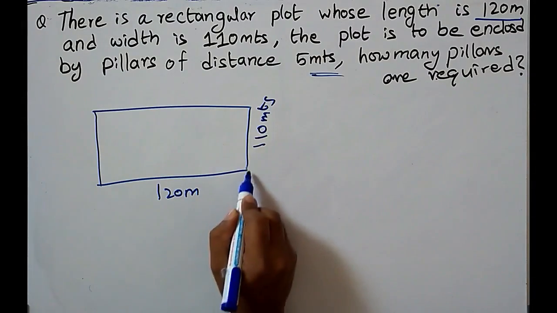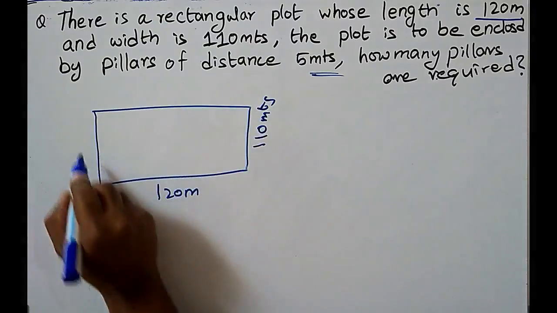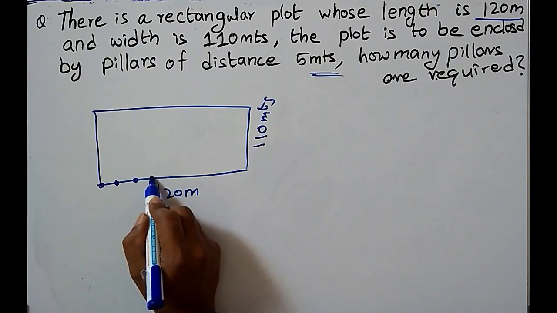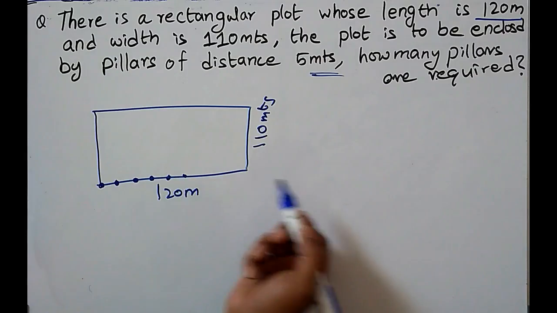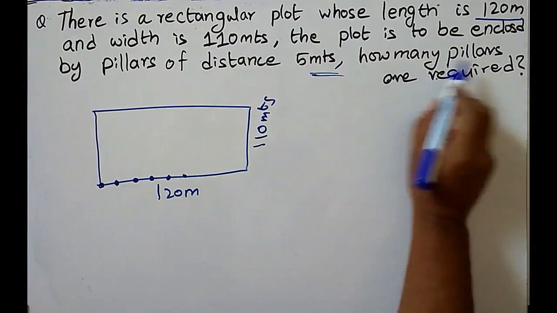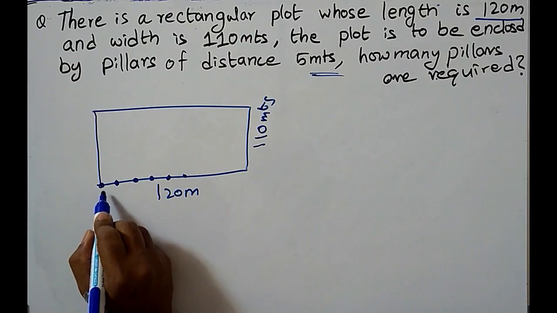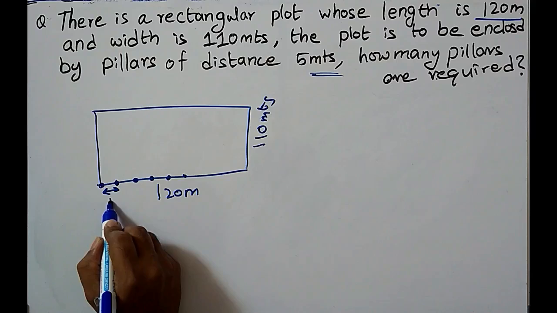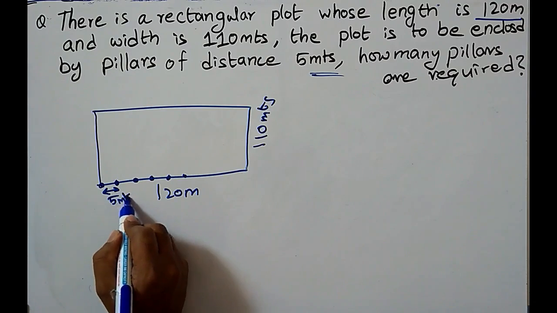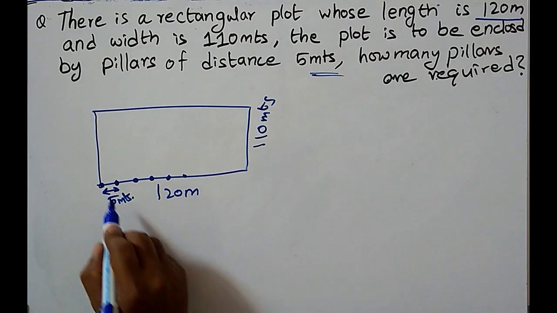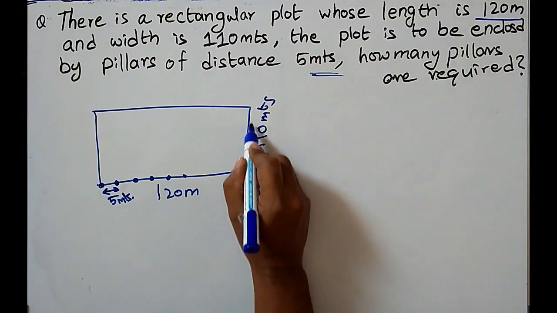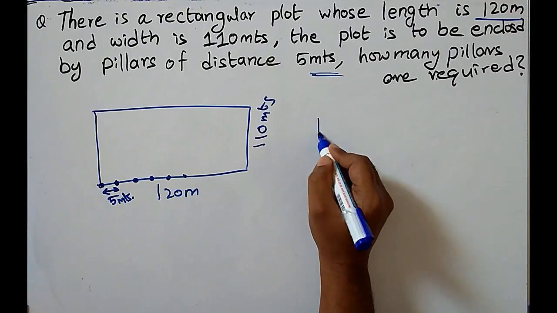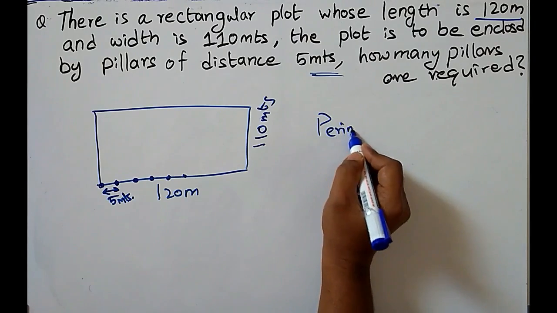You have to enclose this field by installing pillars. We don't know the number of pillars, that we have to find, how many pillars are required, and from one pillar to another pillar we have to maintain the distance of 5 meters. See, friends, these pillars are kept at the edges, so we have to find the perimeter.